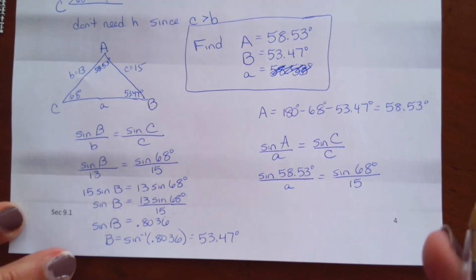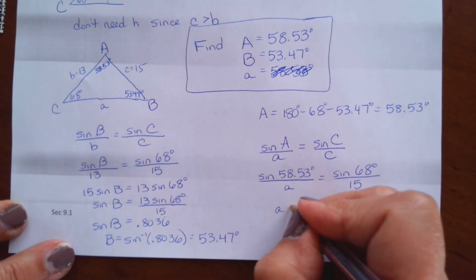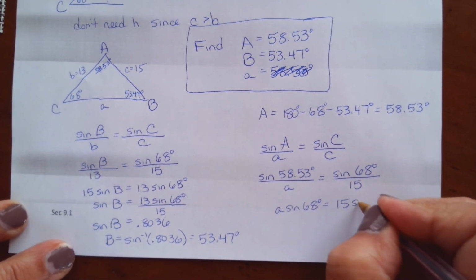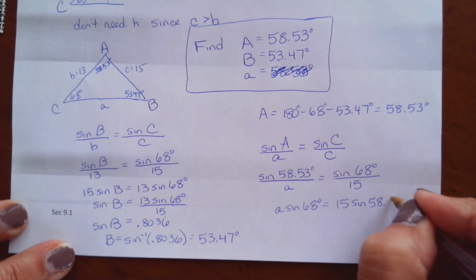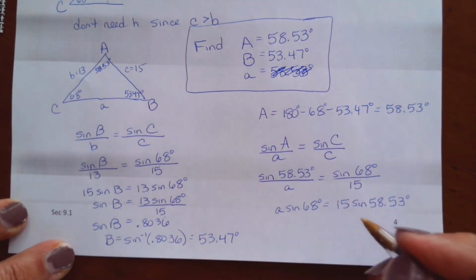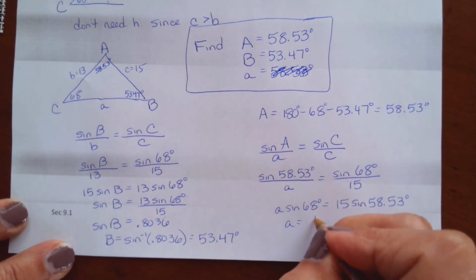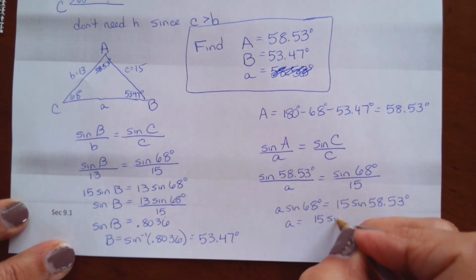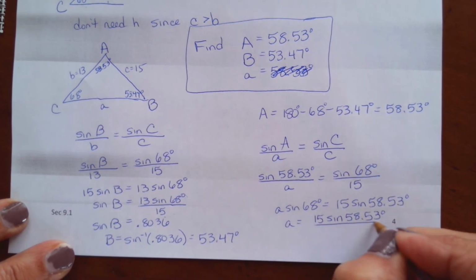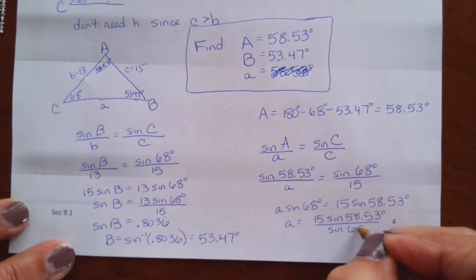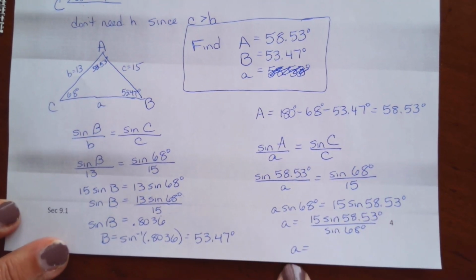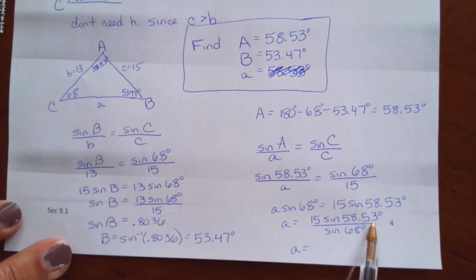Okay, so we're going to do A times the sine of 68 on this one equals 15 times the sine of 58.53. Okay, divide by the sine of 68. And then just put that all in your calculator like we did on the earlier ones. So 15 times the sine of 58.53.